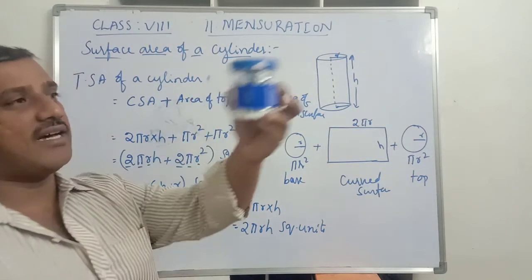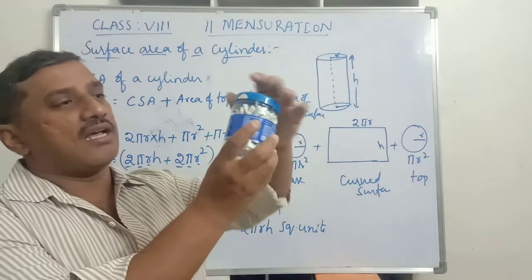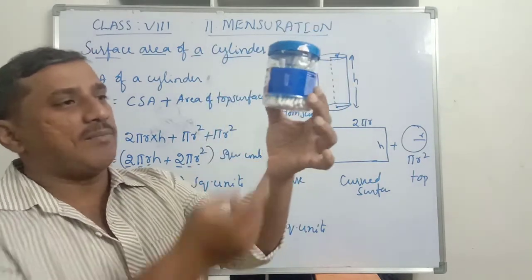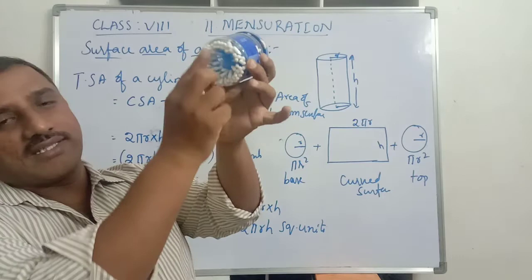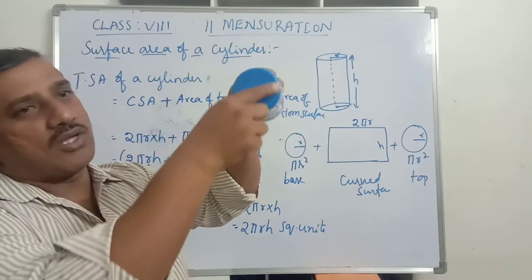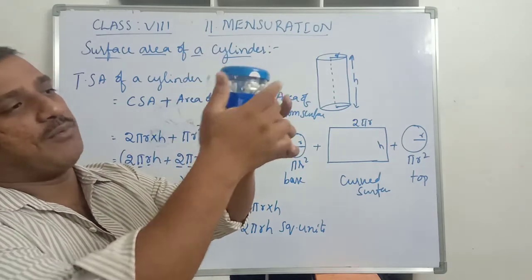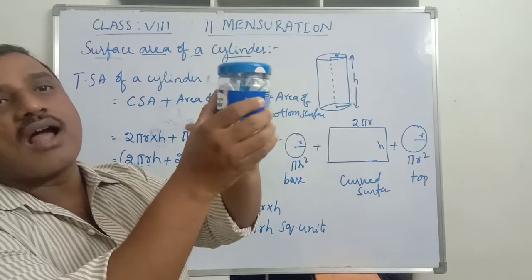You see here a cylindrical pot, which has a cylindrical shape. At the bottom we have a circular surface, the top also has a circular surface, and this portion is known as the curved surface.